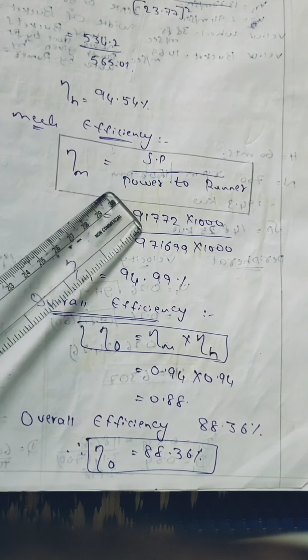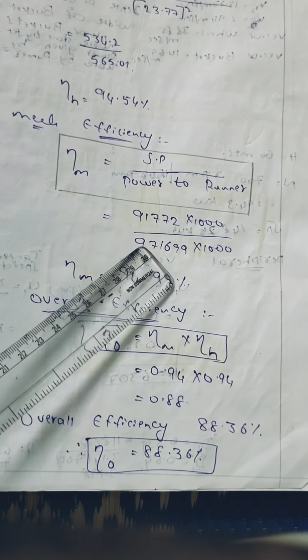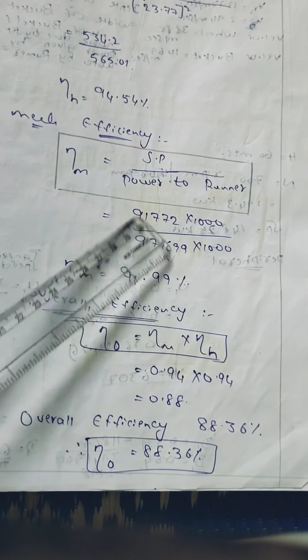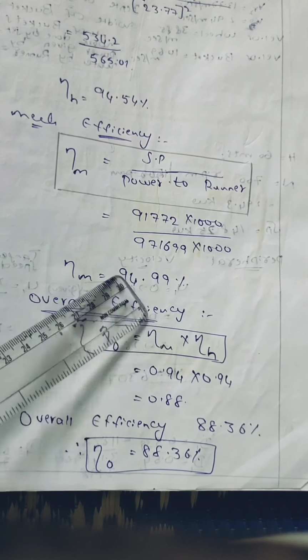Eta M equals SP by power to the runner. Power to the runner equals 971.699, SP equals 923.72, so the 1000s cancel out, which equals 94.99, so we get around 0.9499, which is 94.99 in percentage.